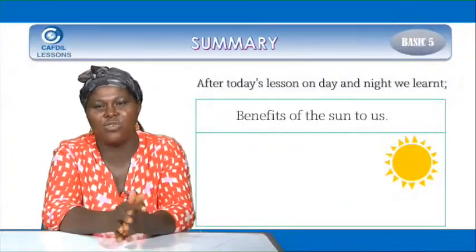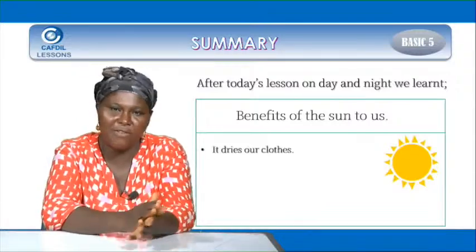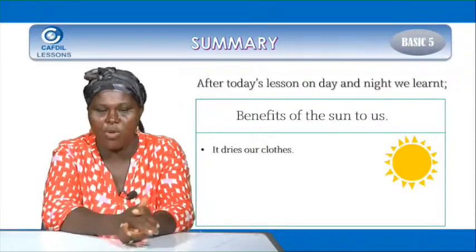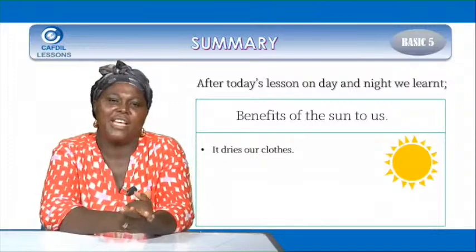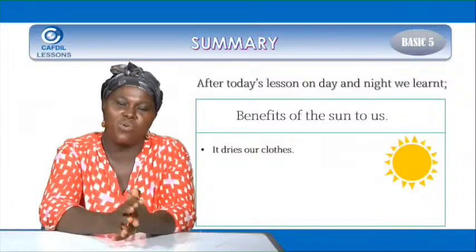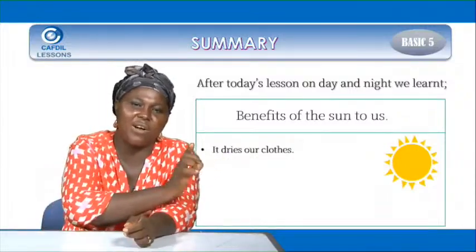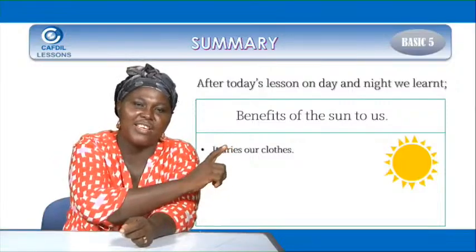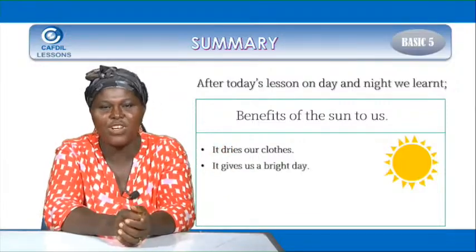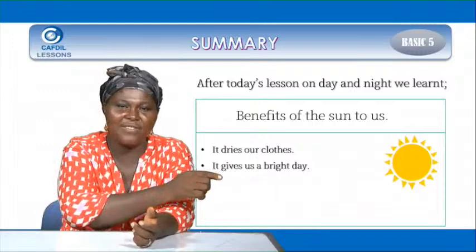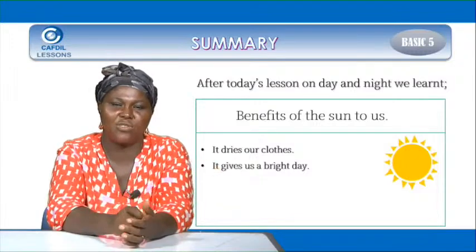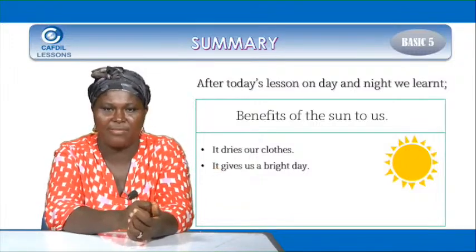Benefits of the sun to us. We saw that the sun dries our clothes. Let's look at another one. It gives us bright day so that we can see everything.